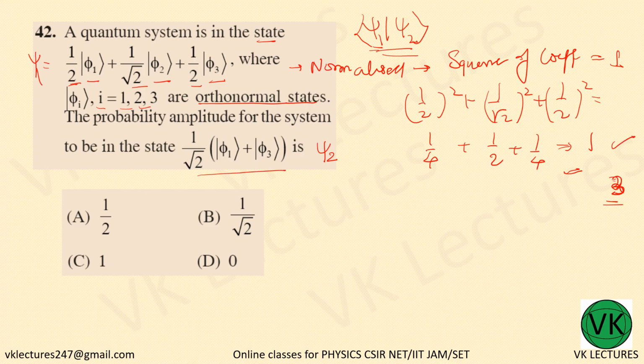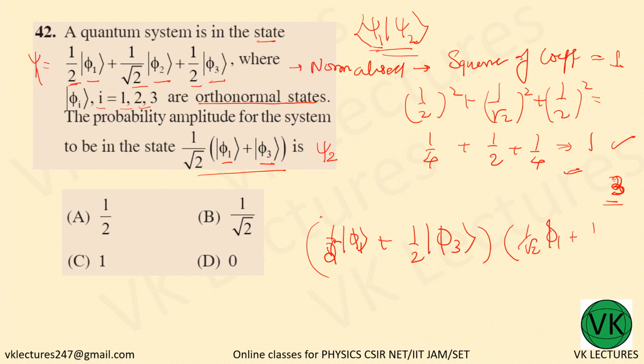Now take this value. So 1 by 2 phi 1. You have to see phi 1 and phi 3. So 1 by 2 phi 1 plus 1 by 2 phi 3, into 1 by root 2 phi 1 plus 1 by root 2 phi 2. Now I have removed this, didn't consider it, because there is no phi 2 state here.